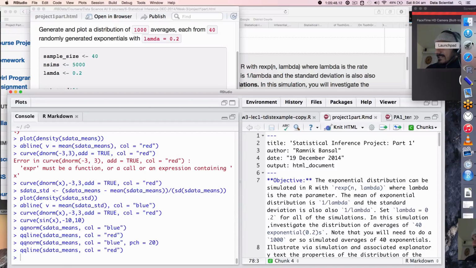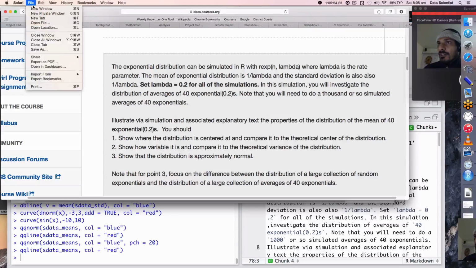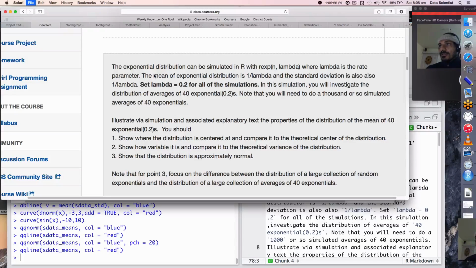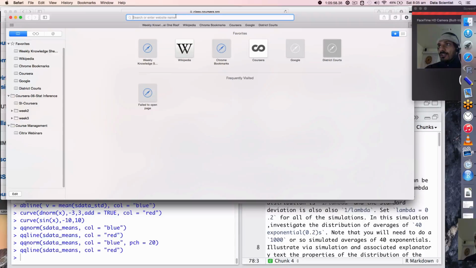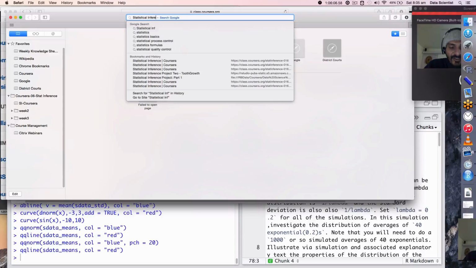What I recommend is this. You go on Google, and I'll open a new window. Type statistical inference.